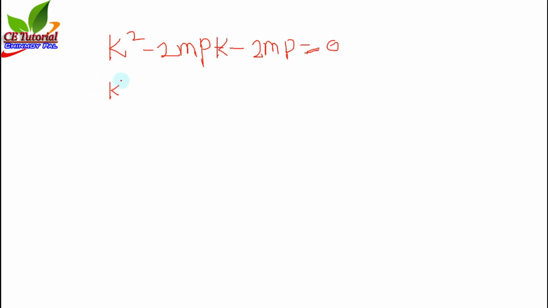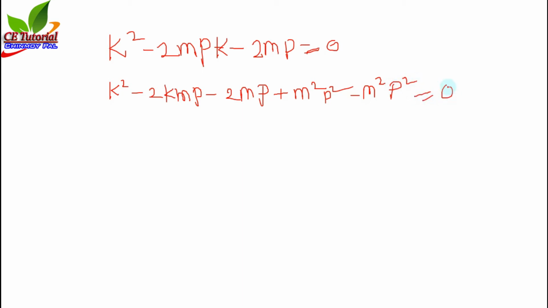So we can write this formula in this way: K square plus 2K MP minus 2MP plus M square P square minus M square P square equals 0.